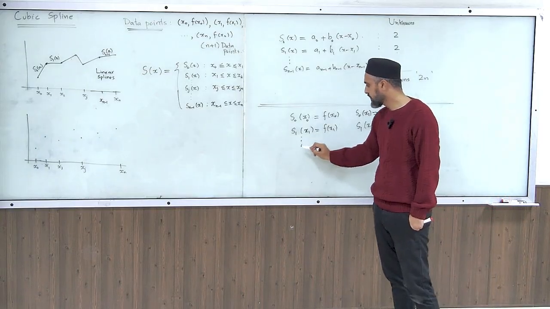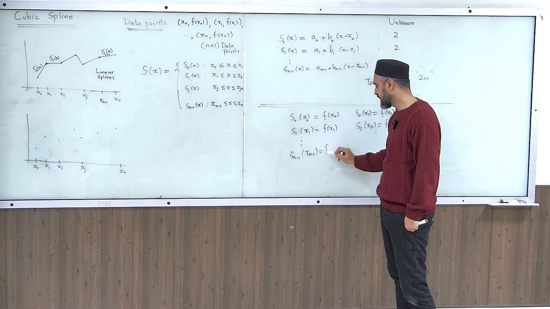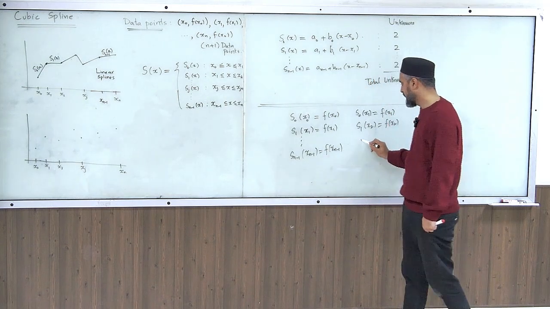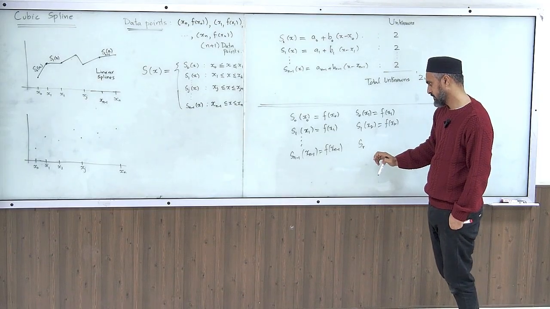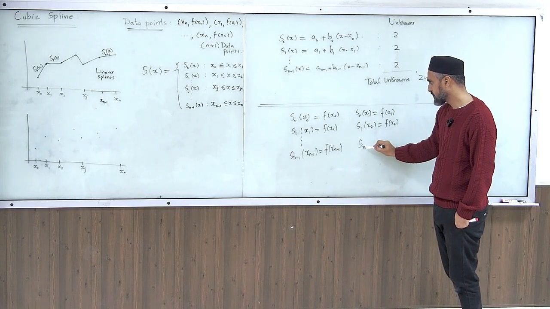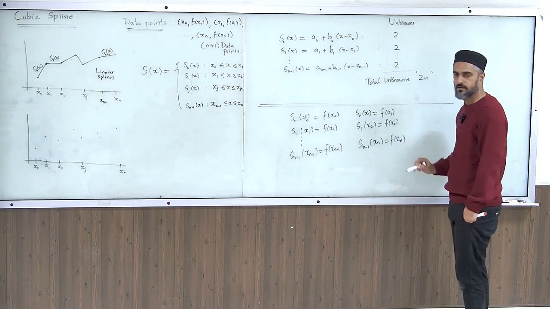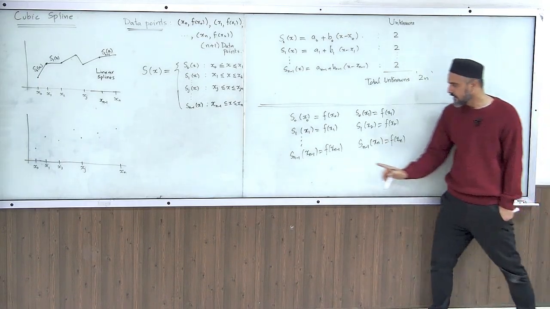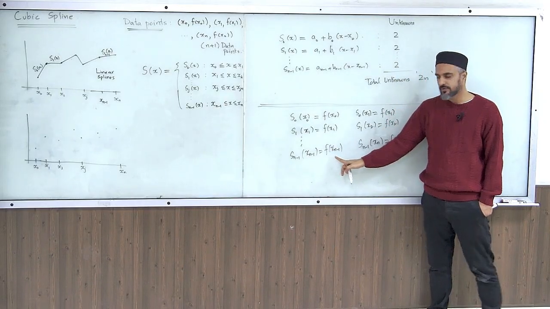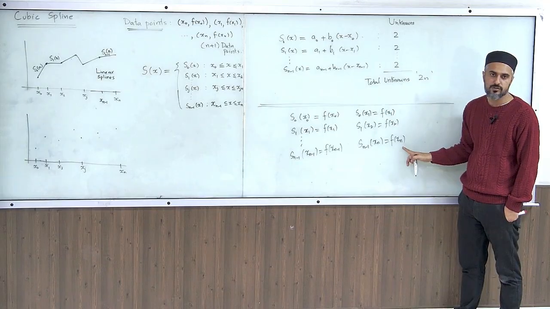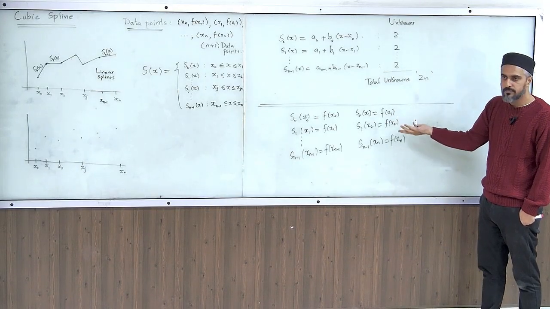If you keep continuing like this, S(n-1) at x(n-1) will be f of x(n-1), and S(n-1) at xn will be f of xn. So S(n-1) at this point will give you the function value at x(n-1), and S(n-1) at xn will give you f of xn.